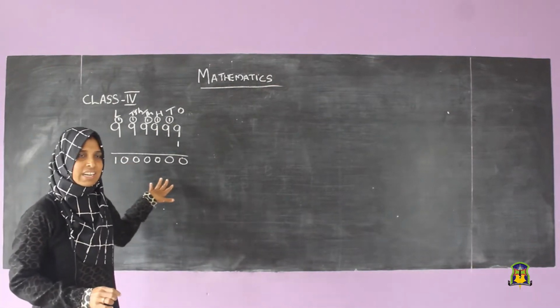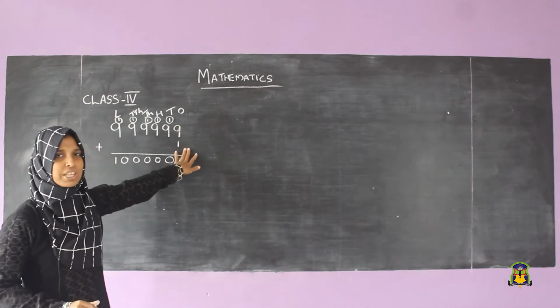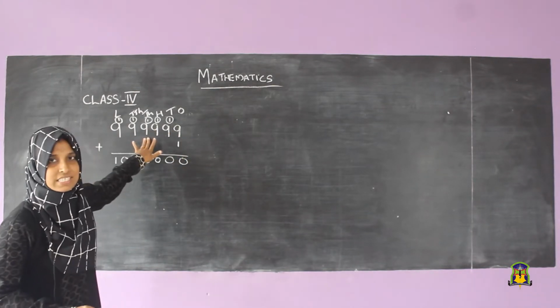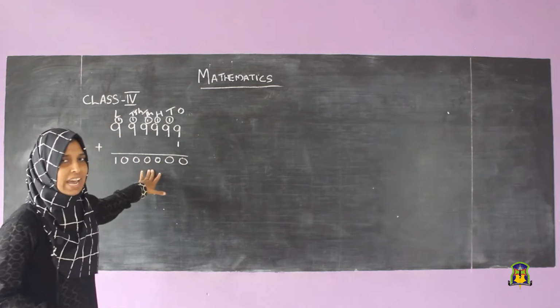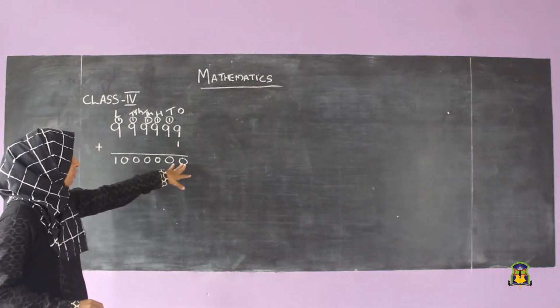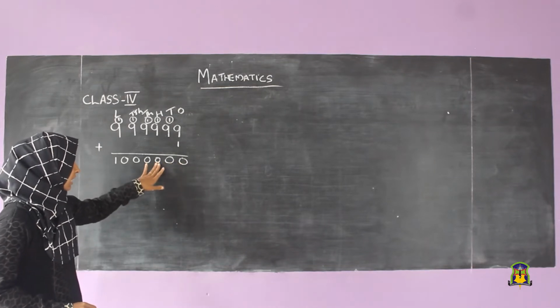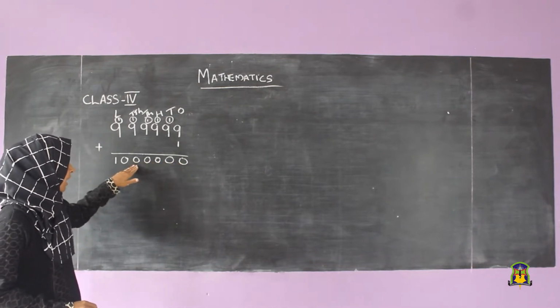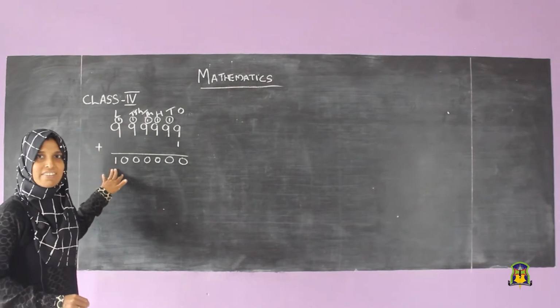Look here children, when we add 1 to the greatest 6-digit number, we got the answer. How many digits are there? Let's count. 1, 2, 3, 4, 5, 6, 7.